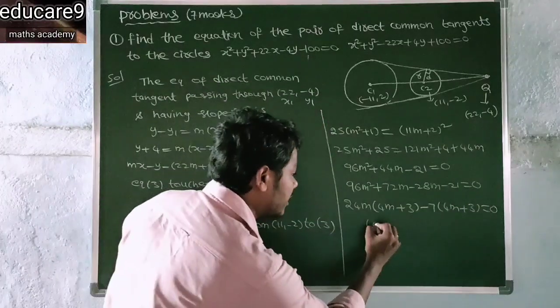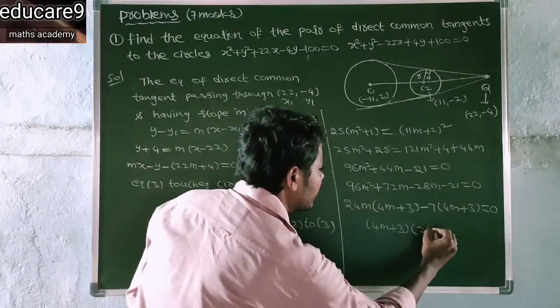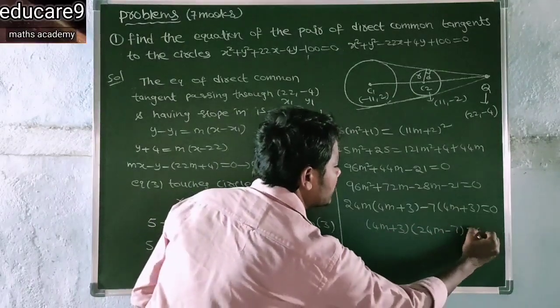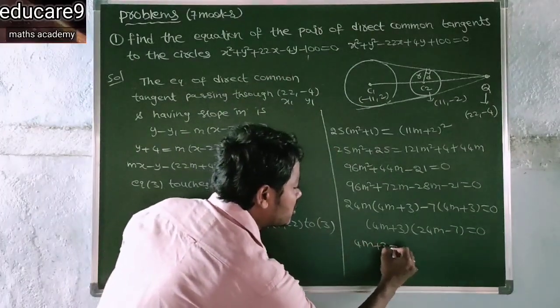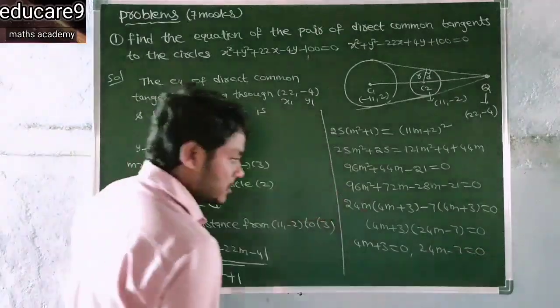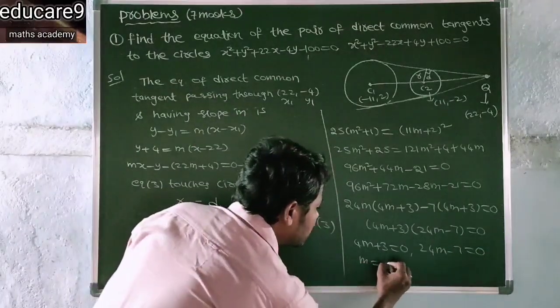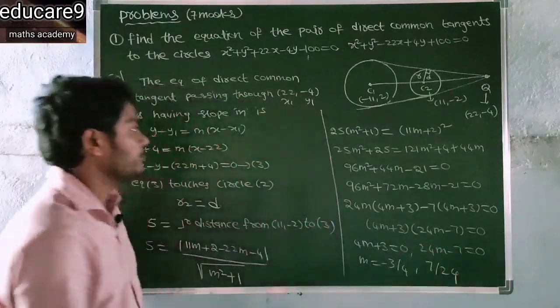So clearly we will get (4m plus 3) into (24m minus 7) is equal to 0. So one is 4m plus 3 is equal to 0, and 24m minus 7 is equal to 0. So therefore m is equal to minus 3 by 4, comma, 7 by 24.